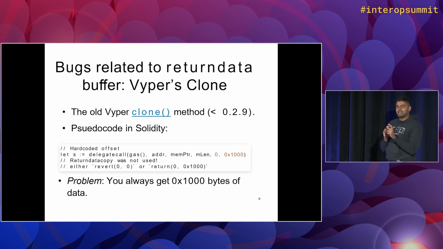As I mentioned, if there is dynamic data, you have to use returndatacopy. Instead of that, they just went for a hard-coded offset. They just hard-coded that you will copy everything up to, say, 1,000 bytes. So the problem is that you always get 1,000 bytes of data, regardless of how much data came out of the implementation contract. Even if there was 32 bytes, you get 1,000 bytes.